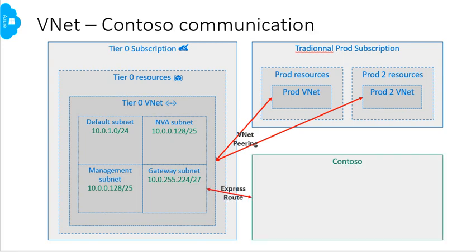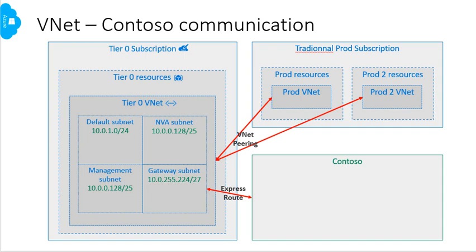Then I move on to the next scenario. This time I have on-premise here as well, with something called ExpressRoute, which we're going to cover next in more detail. So back to my communication: tier 0 subscription, then I have resource groups. Underneath I have the VNet. Under the VNet I will have my default subnet, NVA, gateway, and management subnet.